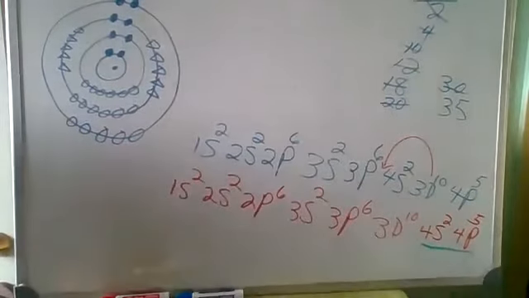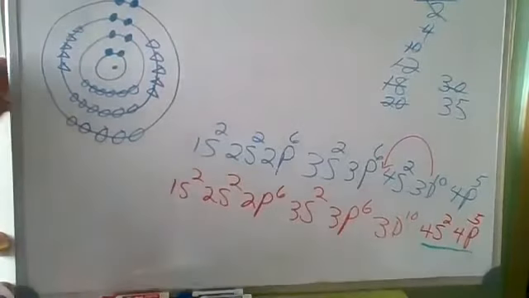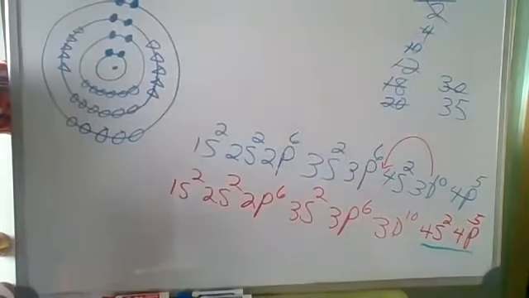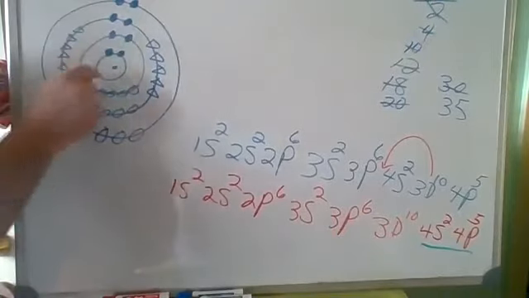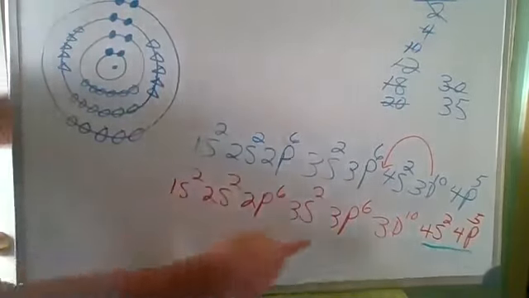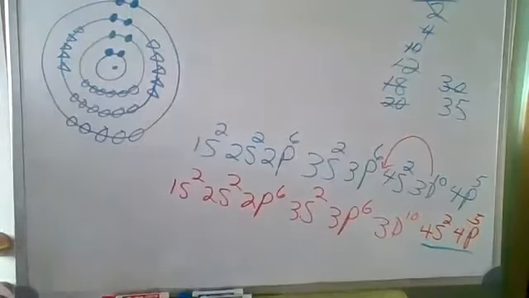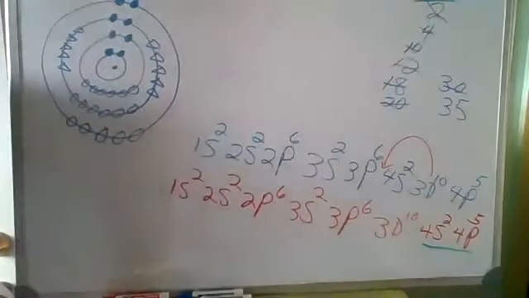The other thing we should check is that we did, in fact, drop back one ring for the D electrons, so we should have 3d instead of 4d, which we did. Okay, everybody good?